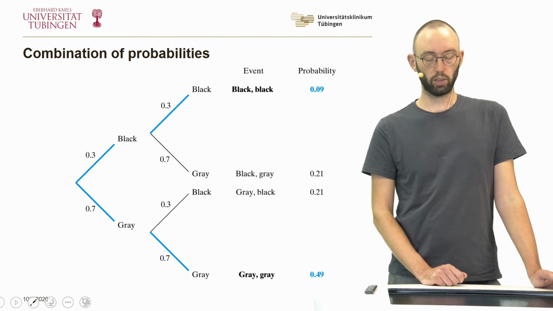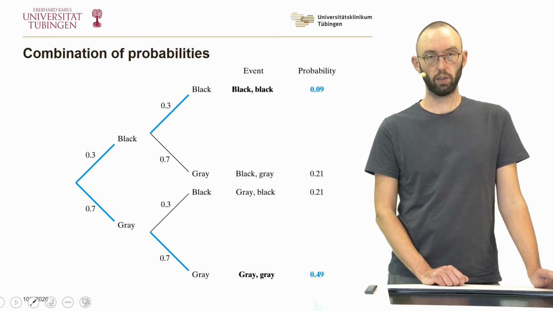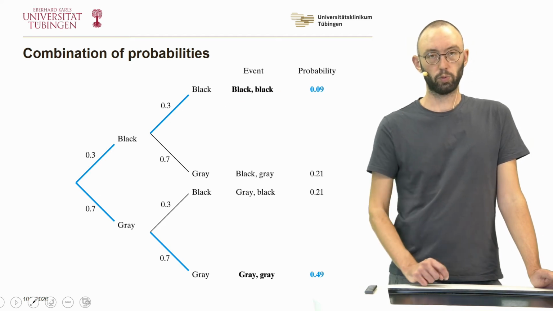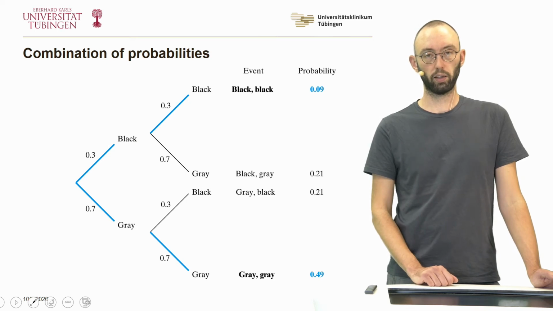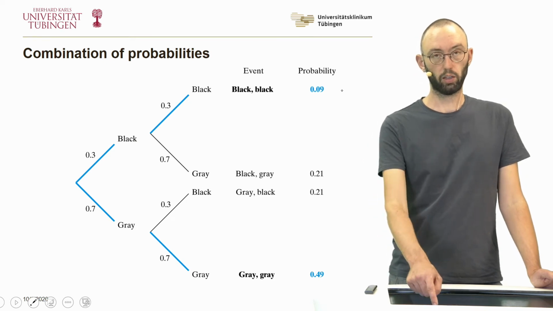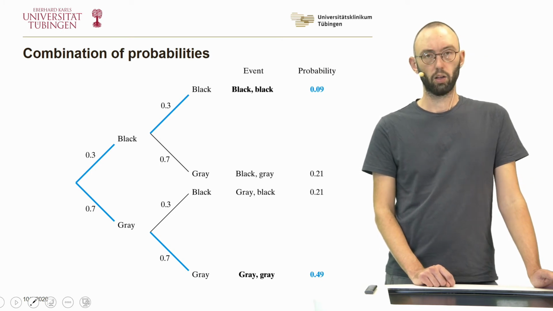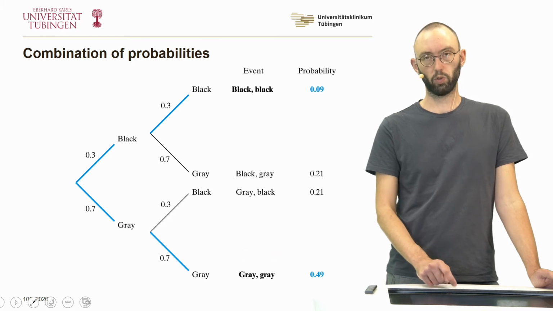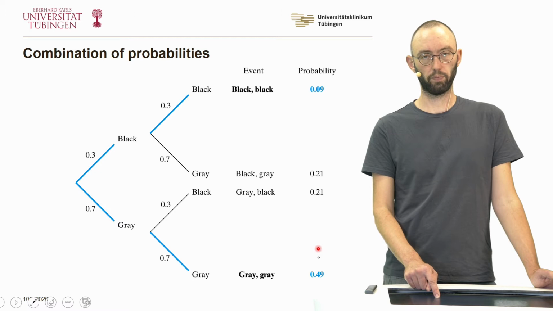When we observe another animal, again, the chances to observe these colors have the same probabilities. So with our first probability rule for the event that we observe two black animals, we obtain a probability of 0.09 or 9%. On the other hand, to observe two gray animals, we find a probability of 0.49.